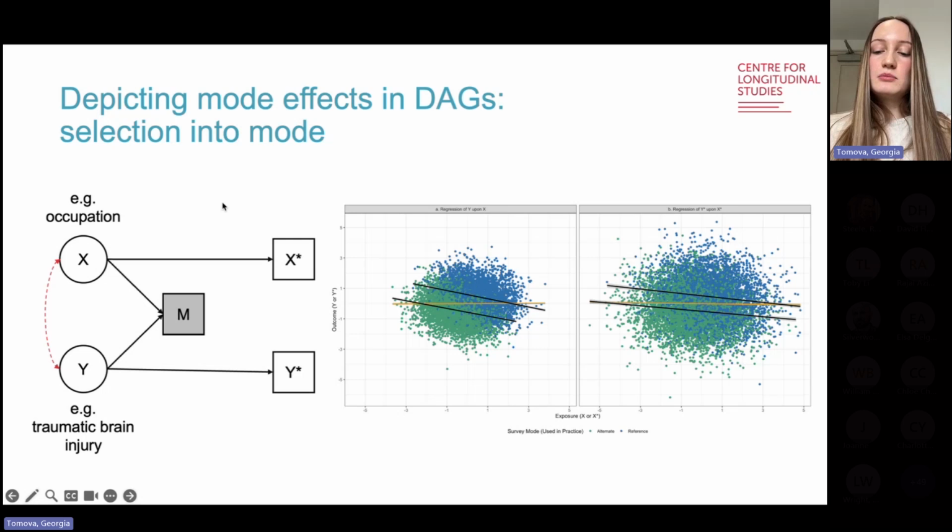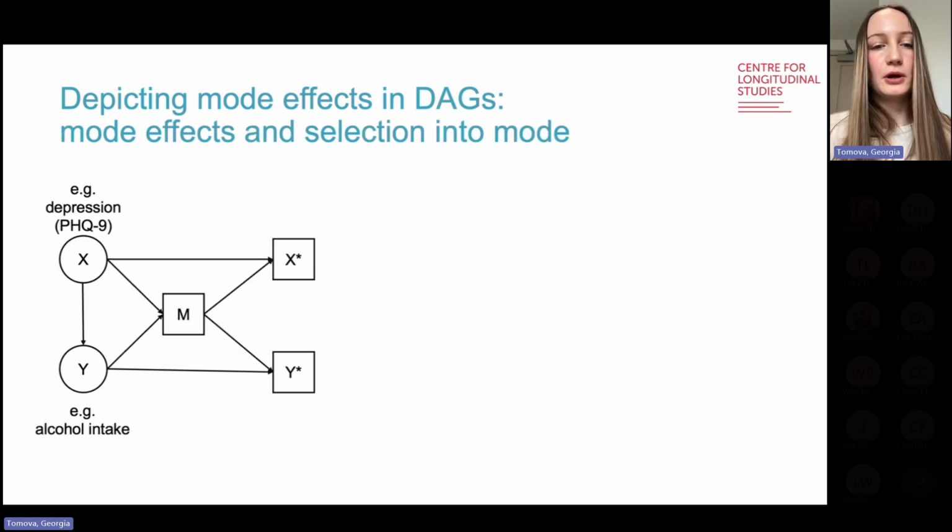So this is really important to try and think about anytime you might consider conditioning on mode. And of course, in many settings, both mode effects in terms of measurement and also selection into mode would appear together.